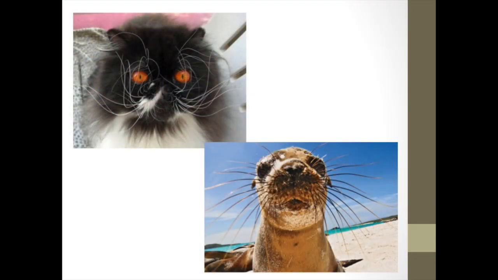This cat has rather chaotic whiskers, and this seal has very stiff and spiky whiskers. How would you use body part classifiers and non-manual markers to describe them?